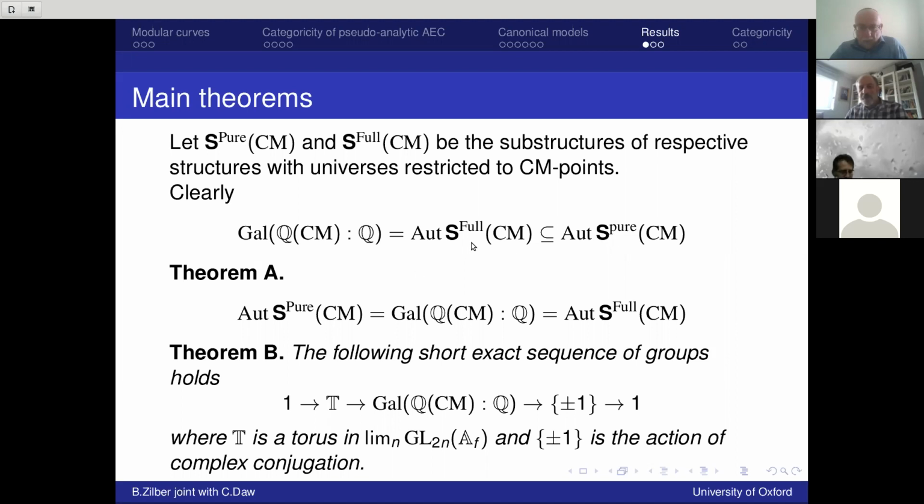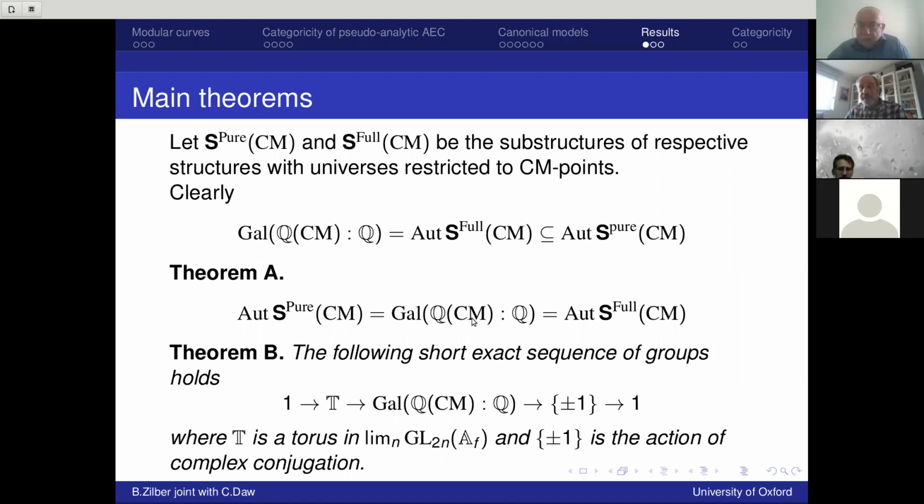So whatever relations are between CM points, they are already picked by this pure structure. That's the meaning of this theorem. This is quite important: this pure structure, we classify it as a locally modular structure. So the Galois group is the same. So the relations between the CM points are essentially of locally modular type.